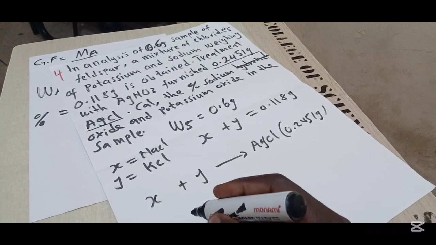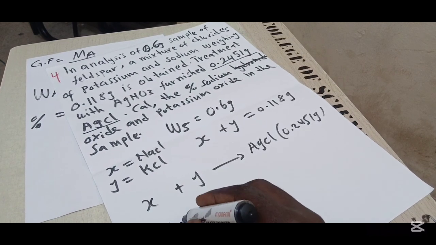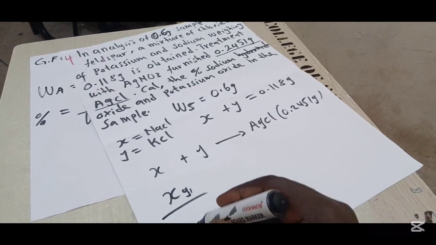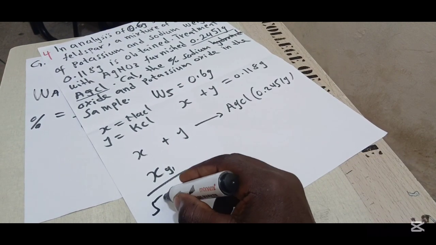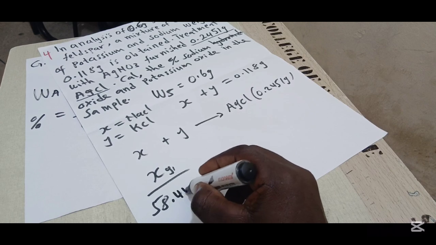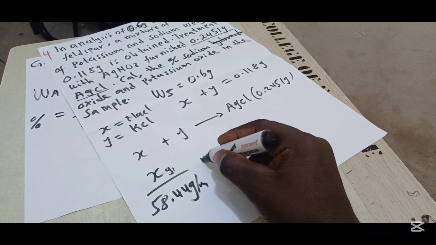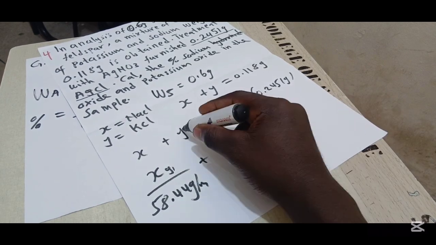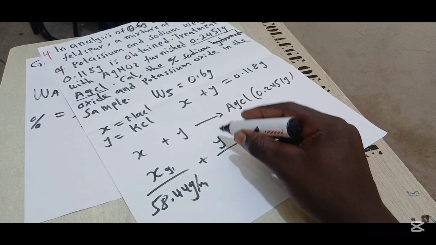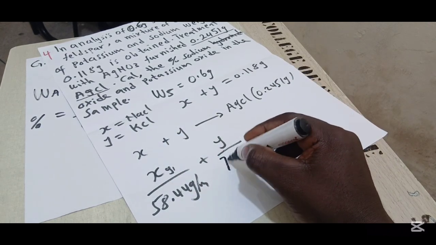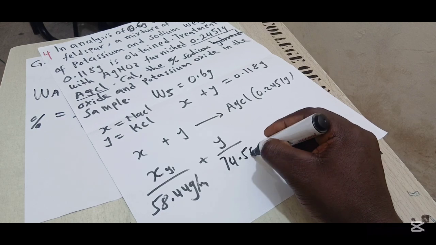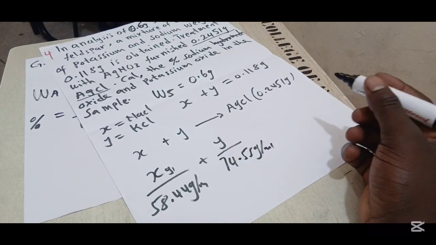So mass of sodium chloride in grams over molar mass of sodium chloride. The molar mass for sodium chloride is 58.44 grams per mole, plus a certain mass of Y over molar mass of Y. We know Y to be KCl. So molar mass for KCl is 74.55 grams per mole.